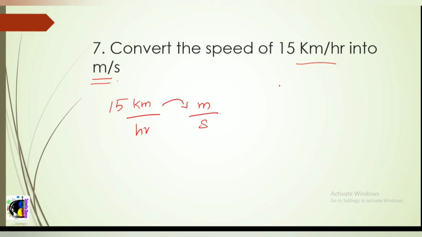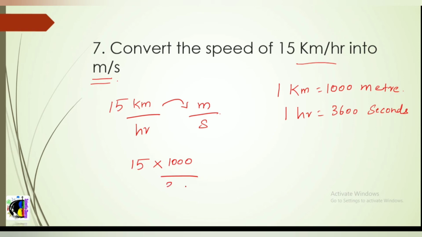So to do this, 1 kilometer is equal to 1000 meter and 1 hour is equal to 3600 seconds, right? Now 15 into 1000 divided by 3600. If we solve this, 0 and 0 will get cancelled, and this 0 will also get cancelled, and with the 2 table, 2 5s are 10, 2 18s are 36.